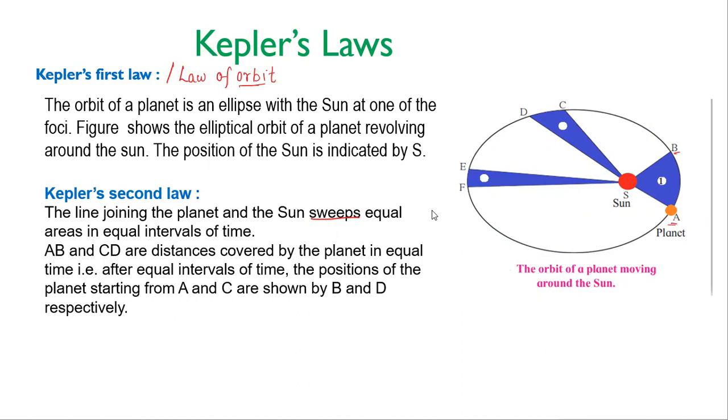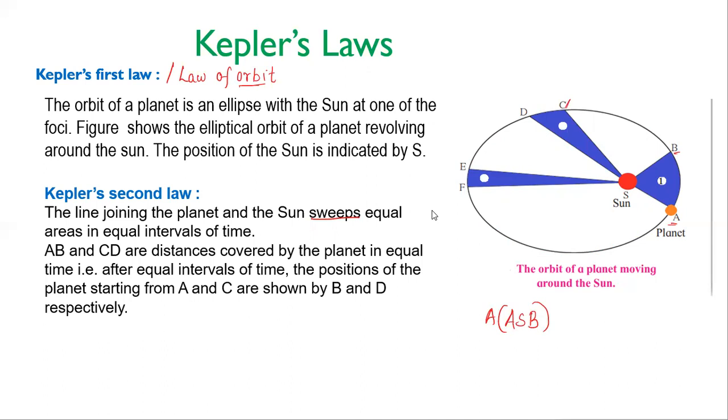The area covered by the planet within this time, that is 24 hours, is ASB. This is the area covered by the planet within 24 hours.